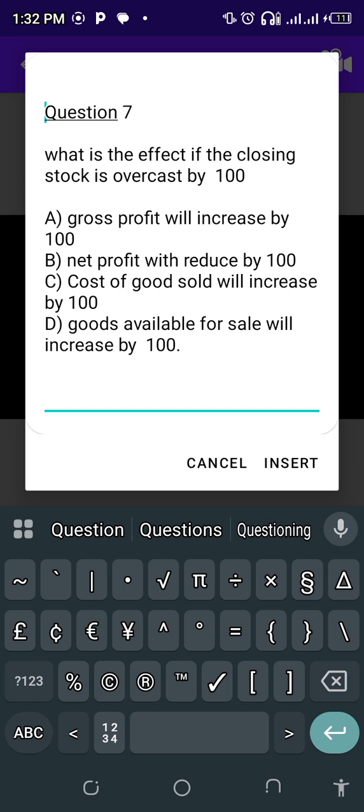And if the cost of goods sold is reduced by 100, that invariably means that the gross profit will increase by 100, and the net profit will also increase by 100. So option A there is correct. When closing stock is overcast by 100, that will reduce the cost of goods sold by 100 and will increase the gross profit by 100. So option A is the correct option there.